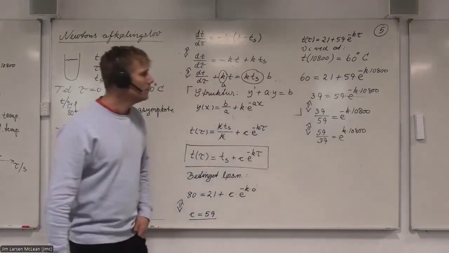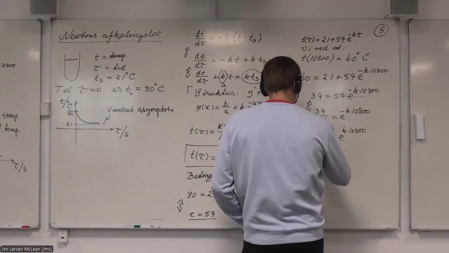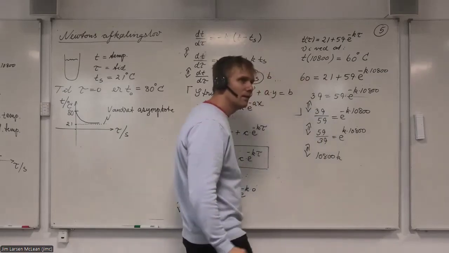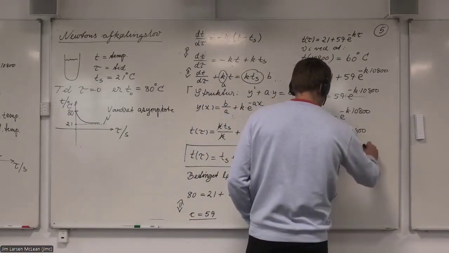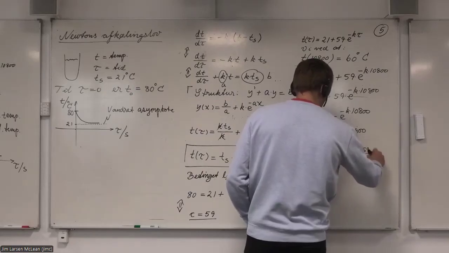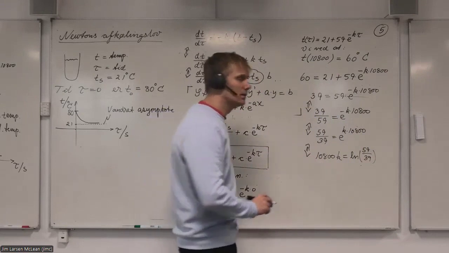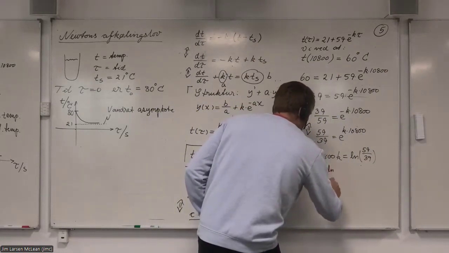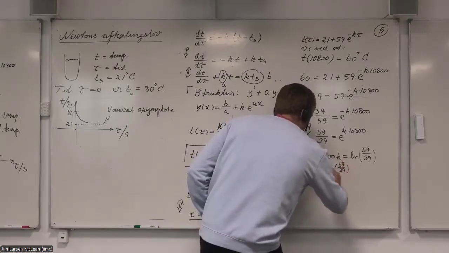Then I take the natural logarithm on both sides to get rid of Euler's number. So now it says that 10,800 times k, if I just move k to the end, as you normally do with a variable, is equal to the natural logarithm of the fraction 59 over 39. And then I can find k by dividing by 10,800. So k is the natural logarithm of 59 over 39 divided by 10,800.